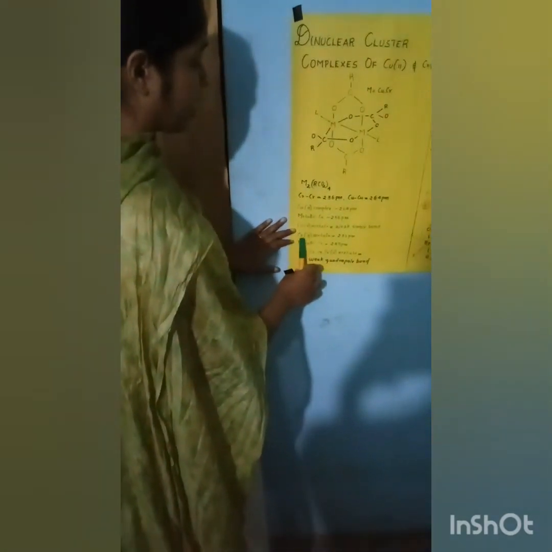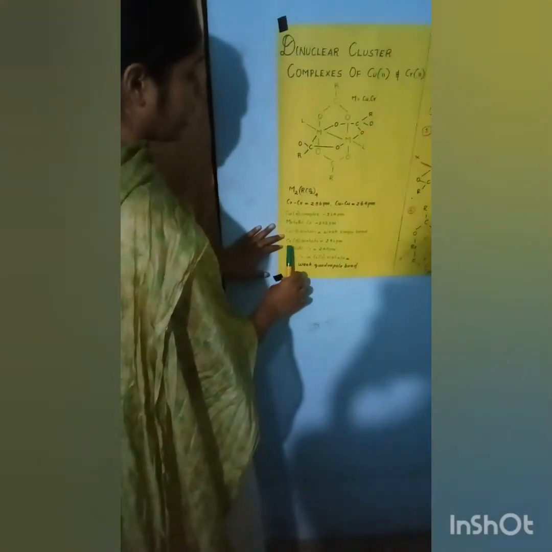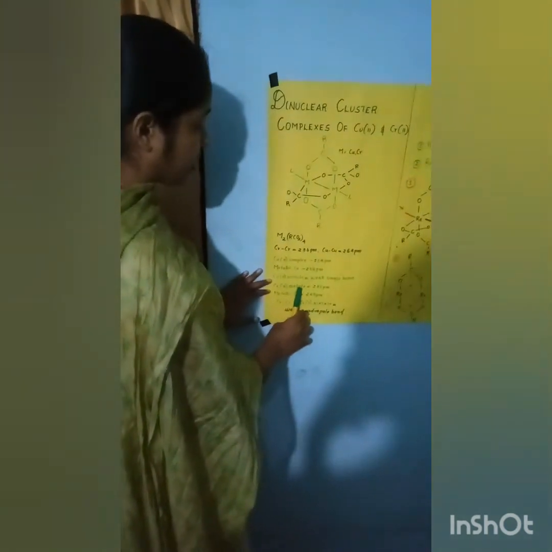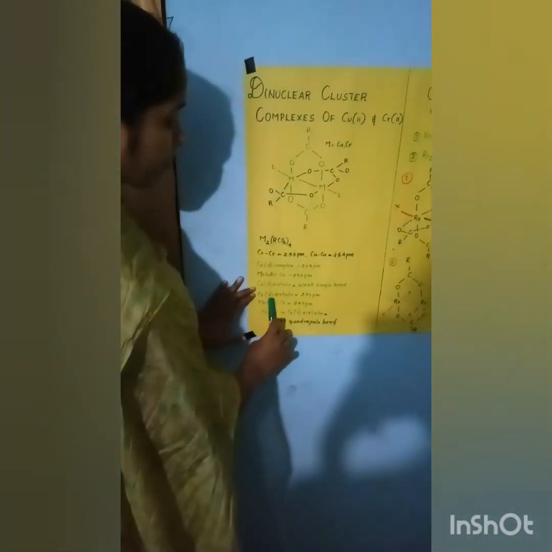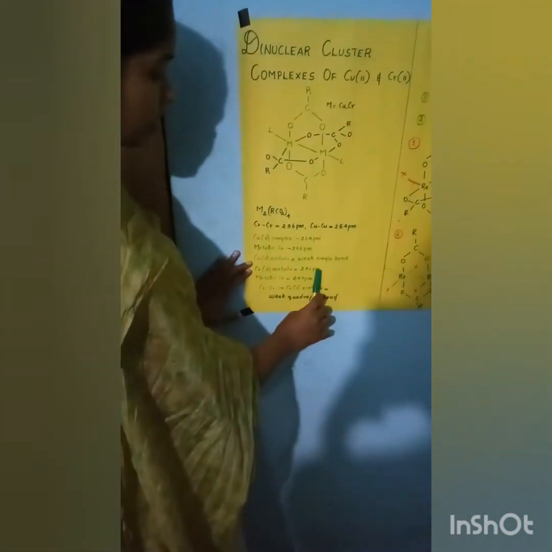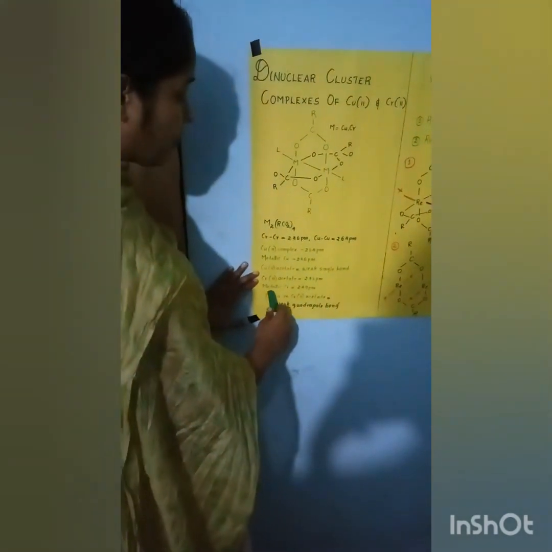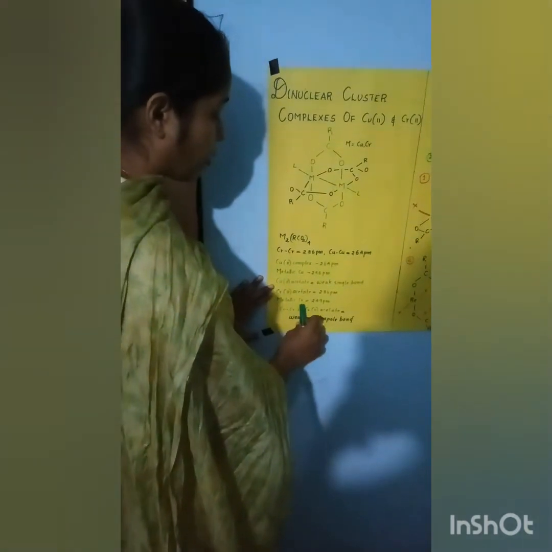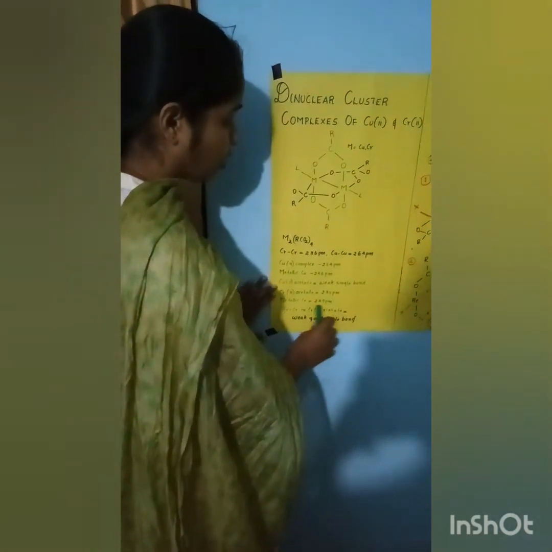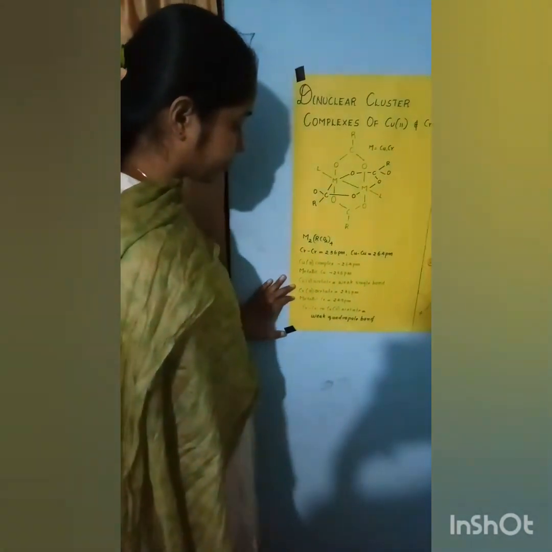In the case of chromium(II) acetate, the Cr-Cr bond distance is 236 picometer, which is somewhat shorter than the bond distance in metallic chromium, which is 249 picometer.